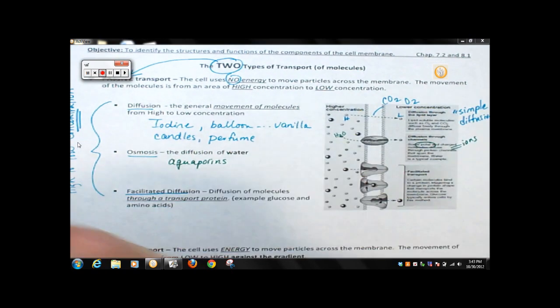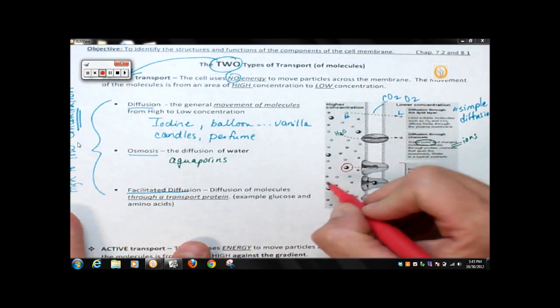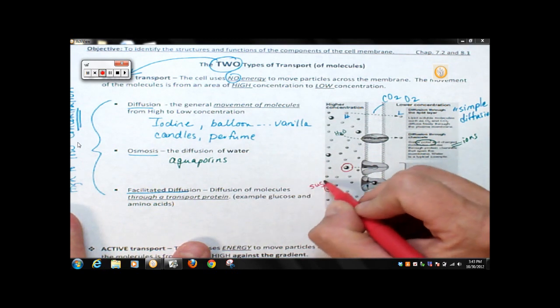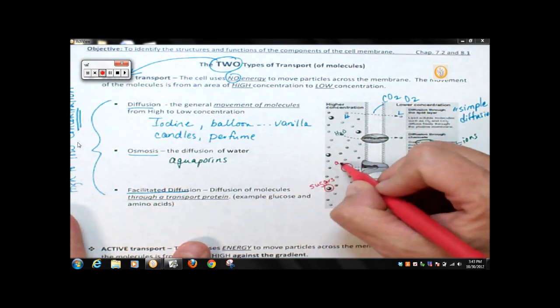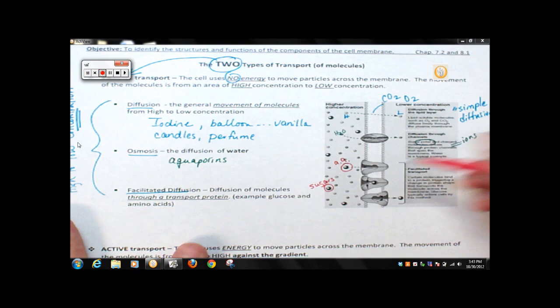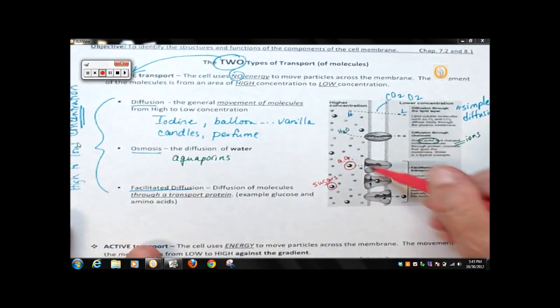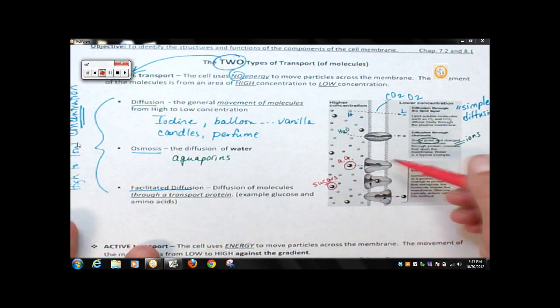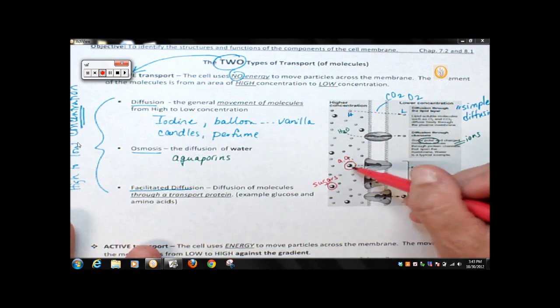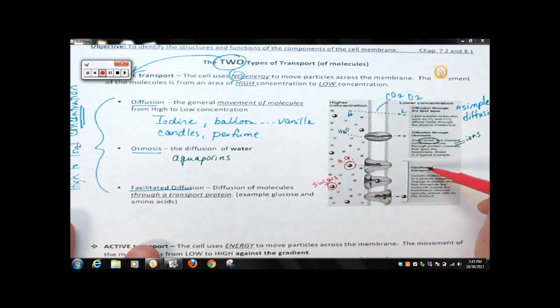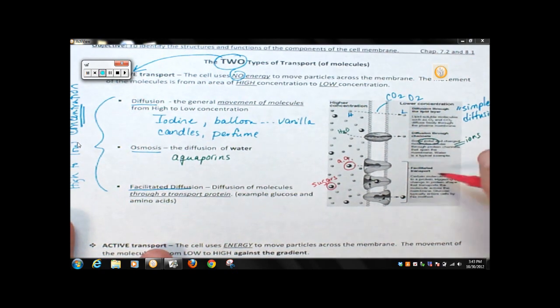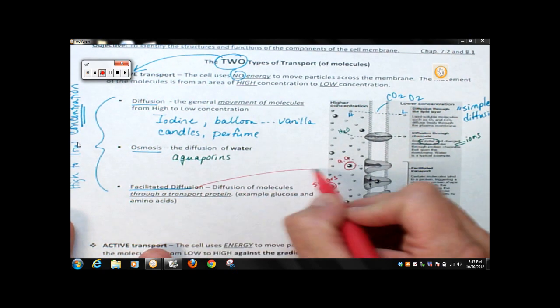And then if we have something large, like maybe sugar or amino acids, and they need to come into the cell, they're going to need a specially shaped doorway. It's going to fit kind of like an enzyme substrate. And in most situations, they are actually enzymes, and the substrate has to go through the doorway. But this is also facilitated diffusion, right here.